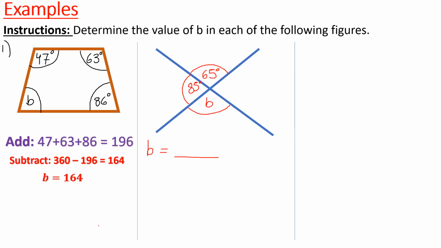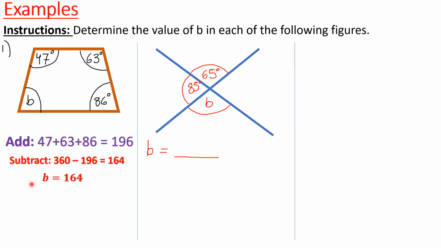Anyone? The value of B, is it 65 or 85? Okay, put your answers inside the chat. What do you think it's going to be?